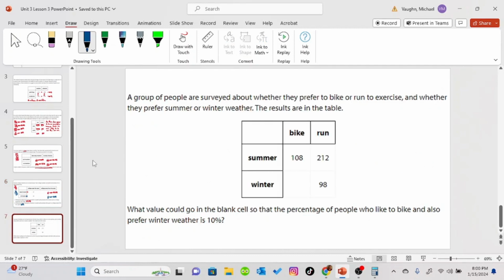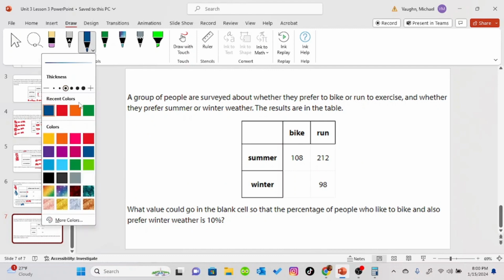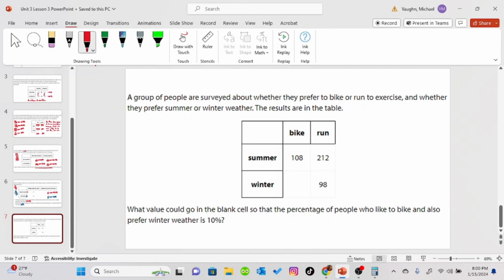And our last practice problem, a group of people are surveyed about whether they prefer to bike or run to exercise, and whether they prefer summer or winter weather. The results are in the table.